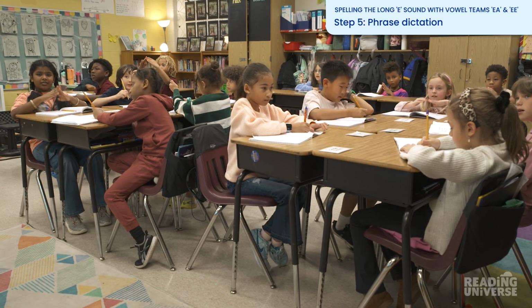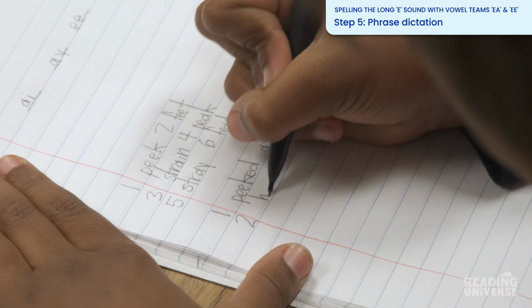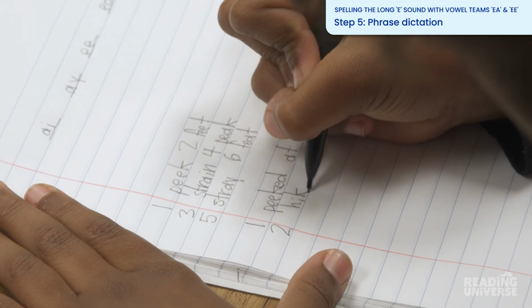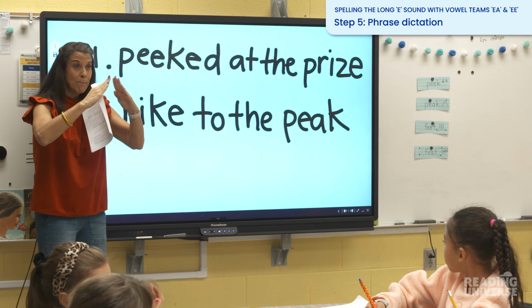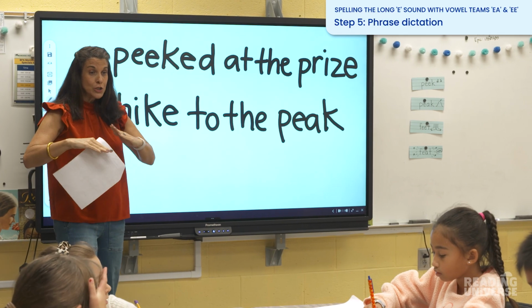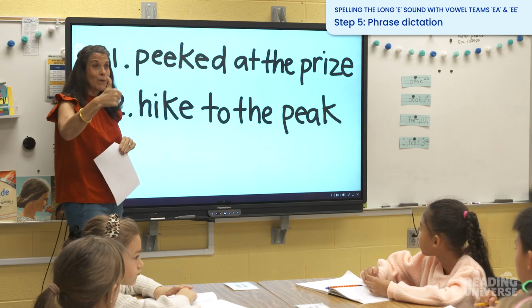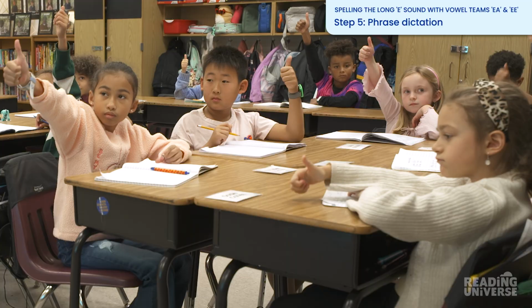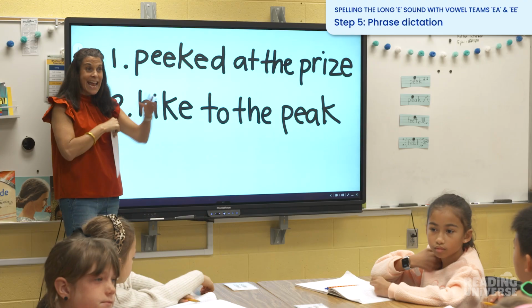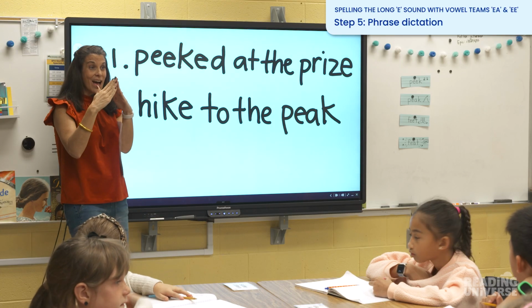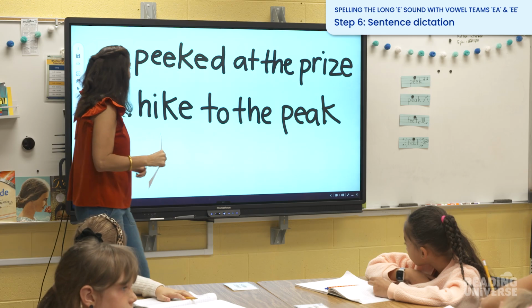Hike to the peak. Good, write it. Check your peak with my peak and make sure you chose the right one. Thumbs up if you chose the right peak. Good. We did E-A peak. Right?